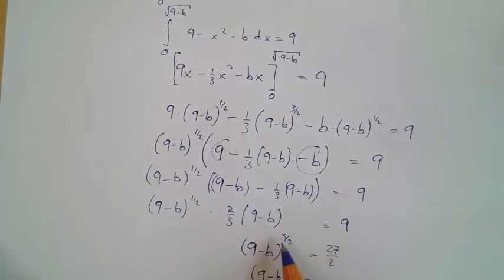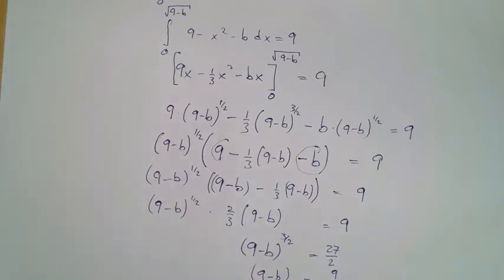I'm going to first take the cube root and then square it. The cube root of 27 is 3, and the square of 3 is 9. So in the end, I get b equals 9 minus 9 over the cube root of 4. Quite a work in order to get to this answer.